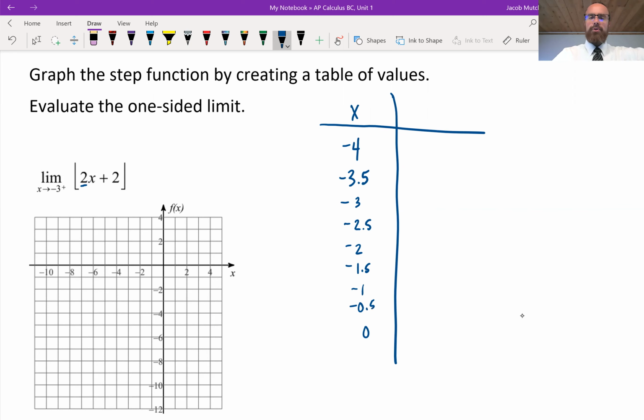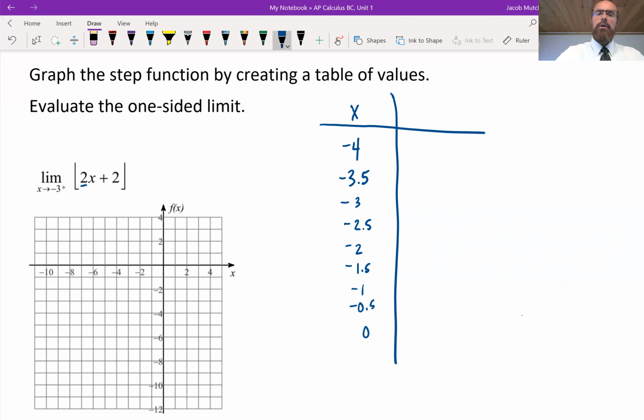The reason I'm choosing those specific ones is that they kind of center around that limit value that I'm looking for. So you respond to what the limit value is when you're choosing your x values.